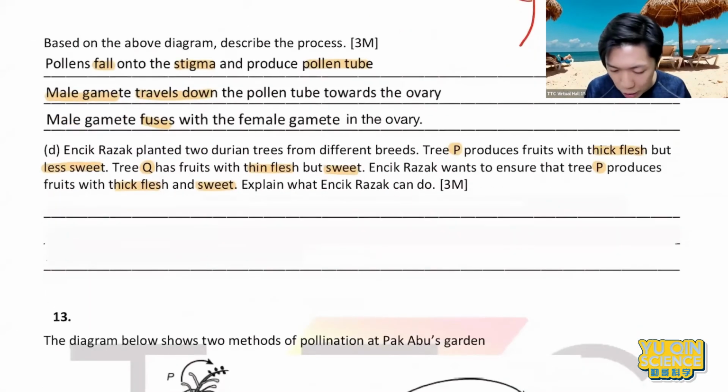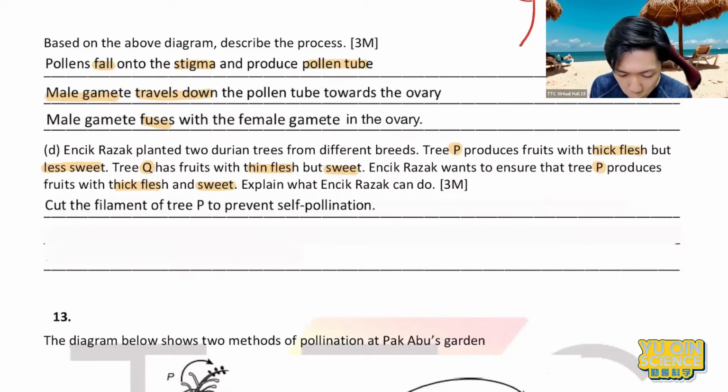So for 3 marks, first, we have to talk about what you want to do here. It's called cross-pollination. So you want to cut the filament of P. You don't want self, you want cross-pollination. No PP, QQ, I don't want self-pollination. That's your first point.